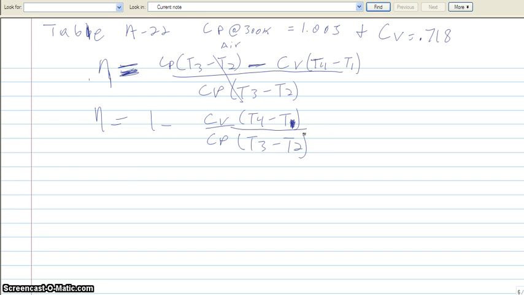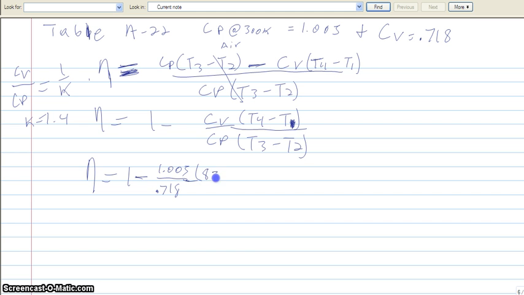So that equals 1 minus 0.718 divided by 1.005. Also keep in mind, Cv divided by Cp is also 1 over k, and we already have k, it's 1.4. So we could do that too. Alright, let's get back to it.